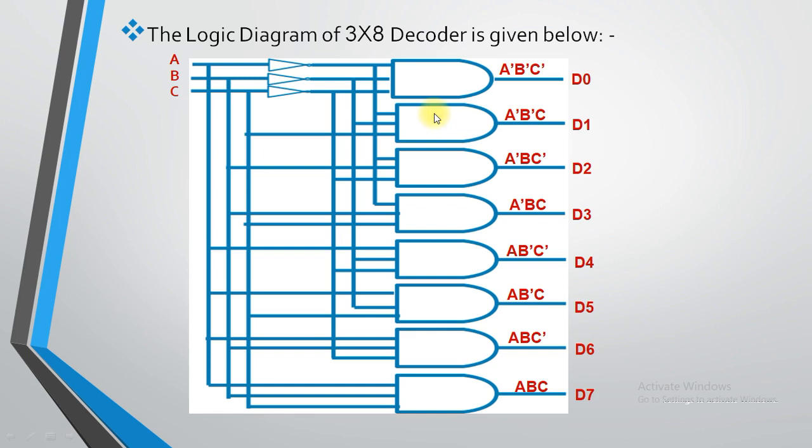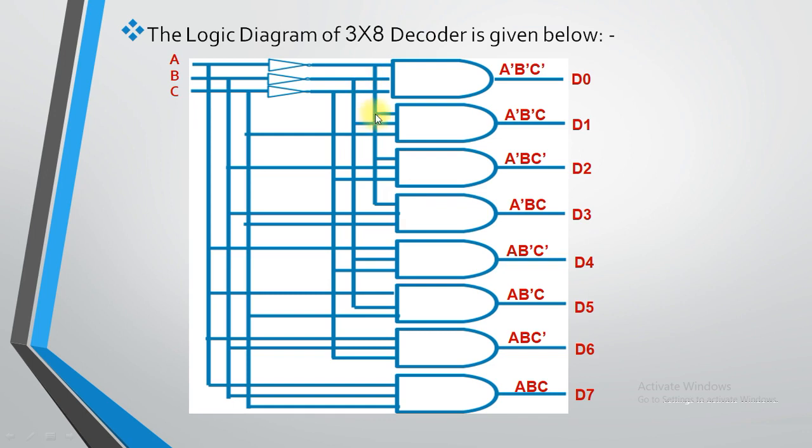One point I want to add over here, that you can observe that for the first 4 gates, A dash is there. So what you can do, this cable you can take up to the fourth AND gate, right?